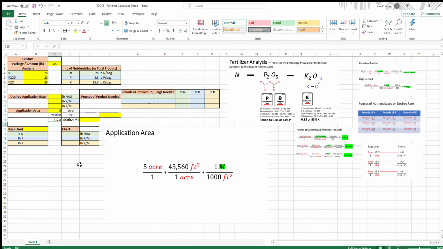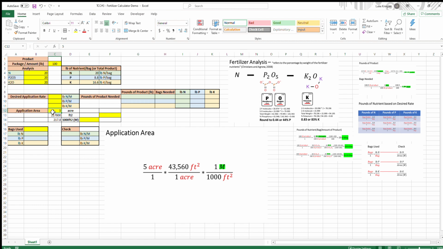Now, if you're given a problem or you have a smaller area that you want to treat and your area is given in 1,000 square feet, I have a backwards calculator back up to acre, but note that the yellow highlighted acre cell is what will feed the rest of the calculator.